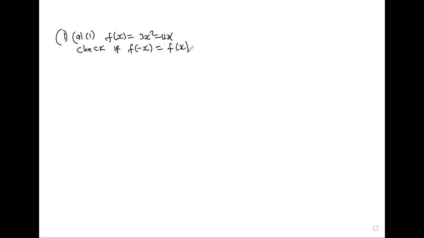So let's make the input negative. That is where x is, we substitute, we write negative x.